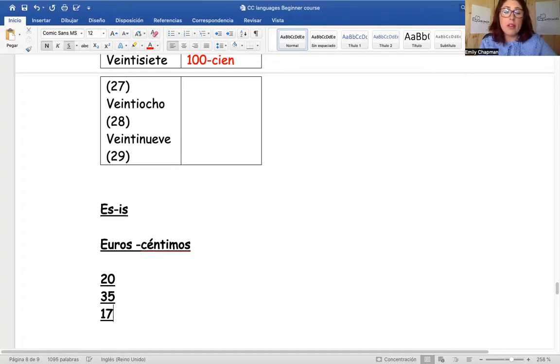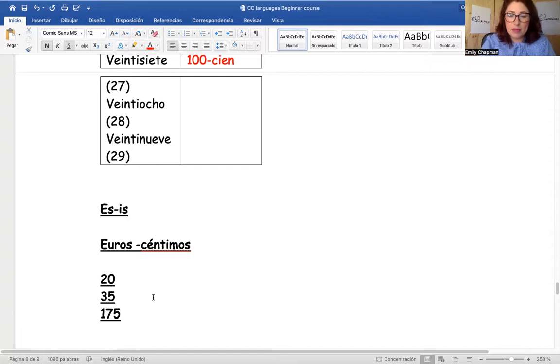Or it's a little bit more, it's 175 euros. Bear in mind that it will sound a little bit faster in conversation. 175 euros, 35 euros, 20 euros, a little bit faster. But that's something we can work towards.